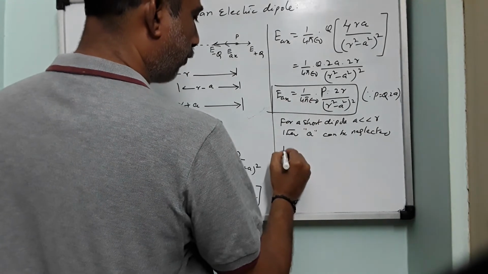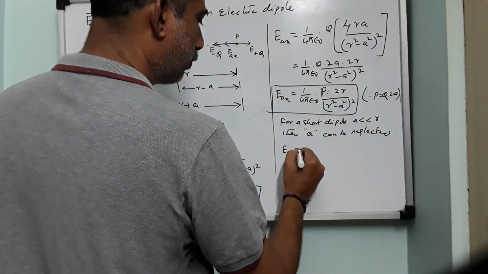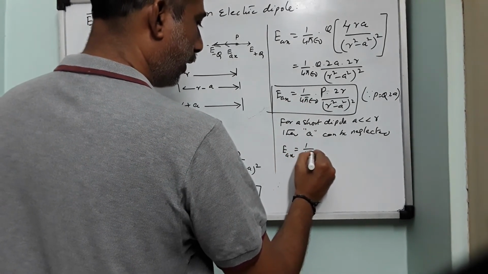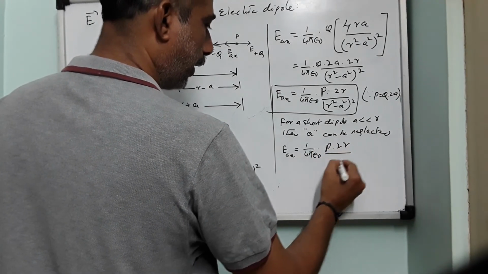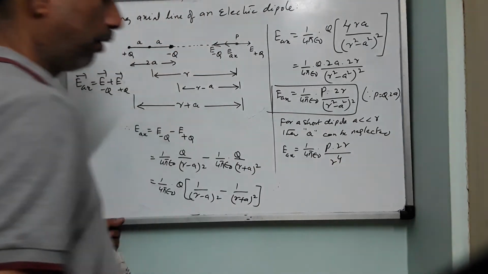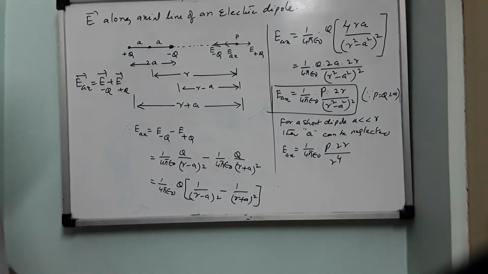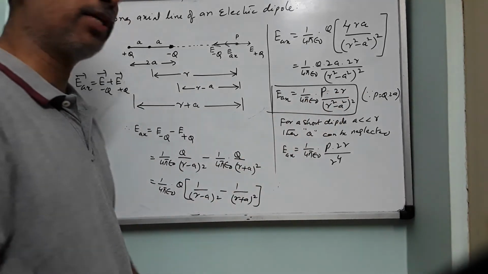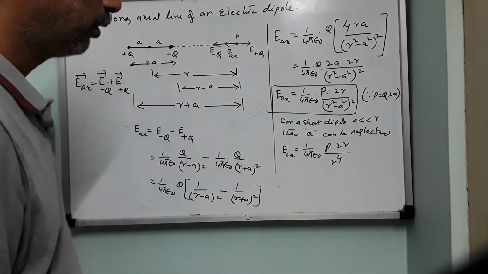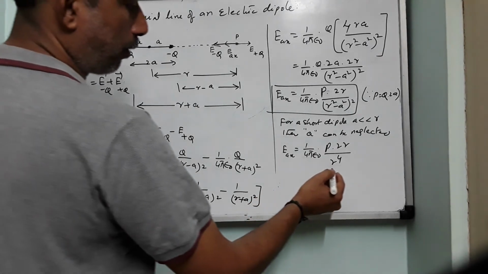So therefore E axial equals 1 by 4 pi epsilon 0 P into 2R divided by R to the power of 4. Neglected means what? Making it 0. You can make it 0 in the cases of addition and subtraction, not in the multiplication.